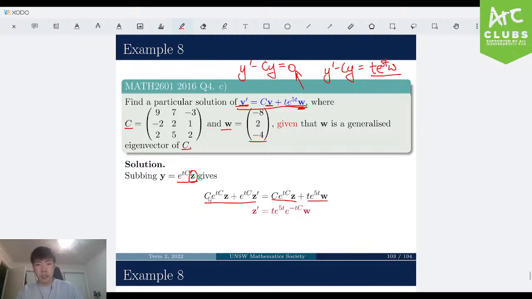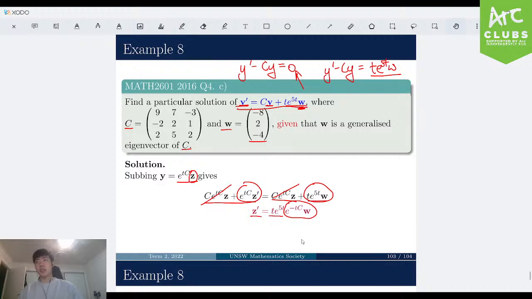Then notice that on both sides you can cancel this out. And so you're just left with this equals this. Or in other words, if you left multiply by the inverse of e to the power of tC on both sides, you'll be left with z' equals this with the scalars at the front. Okay?